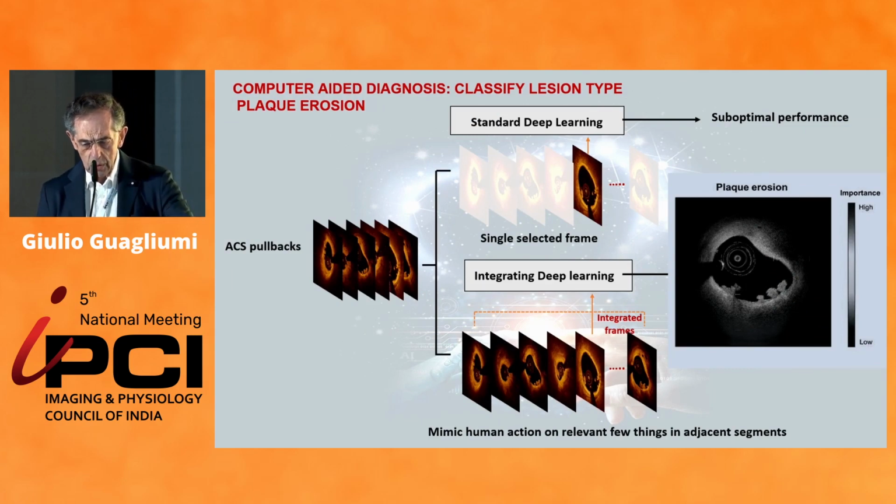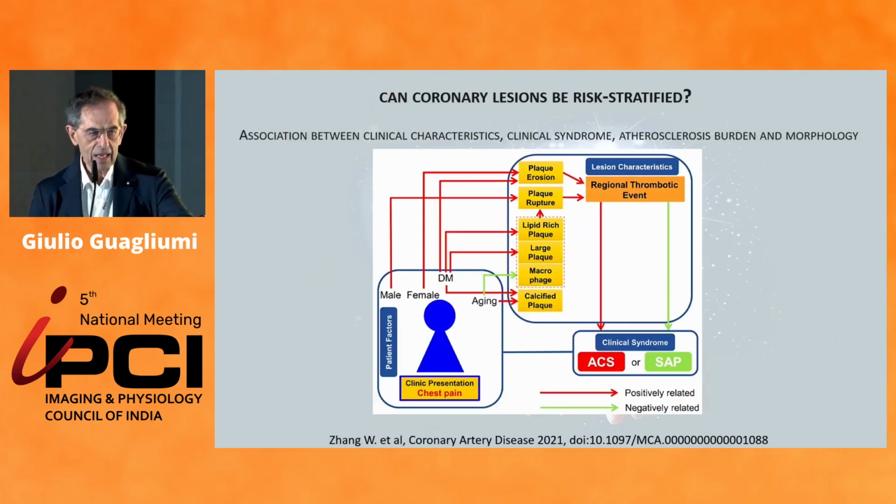And what we normally do in clinical practice is move back and forth with the frame. We are not staying with one frame. We are feeding the AI in the same way. Instead of providing deep learning on a single frame, we are providing the frame that we think plus the neighboring frames, to be more precise in detecting.